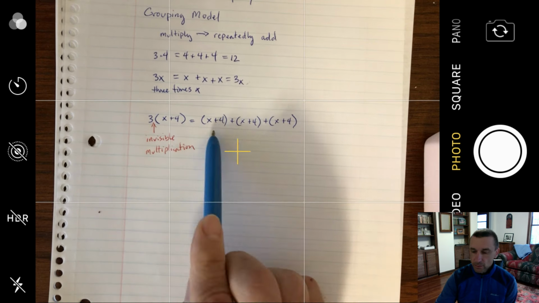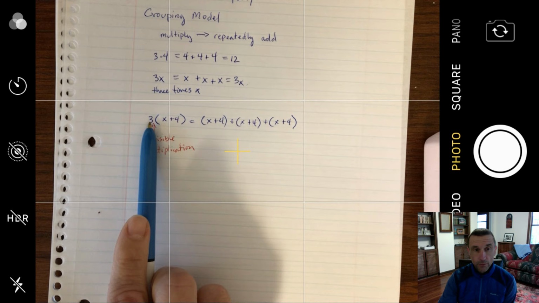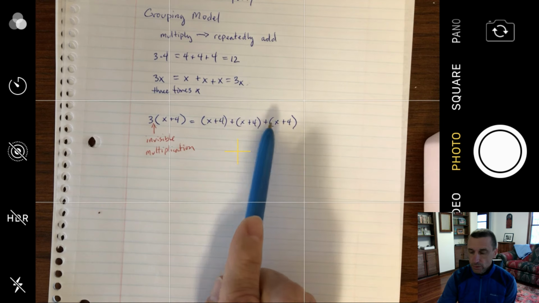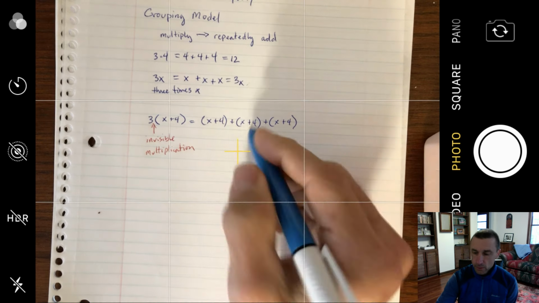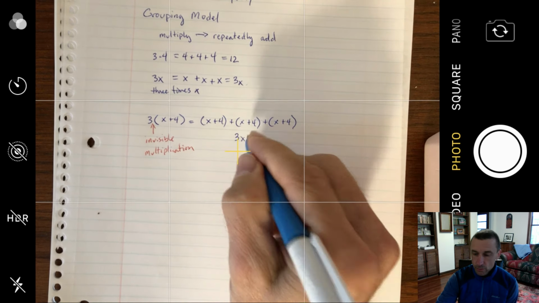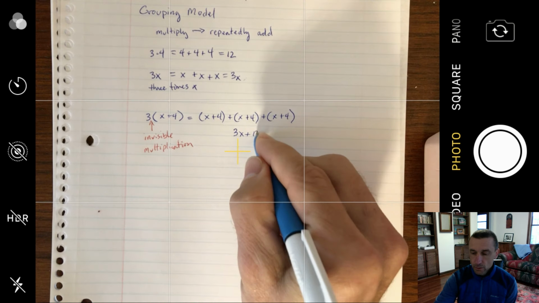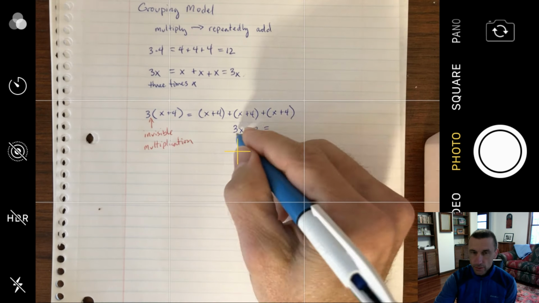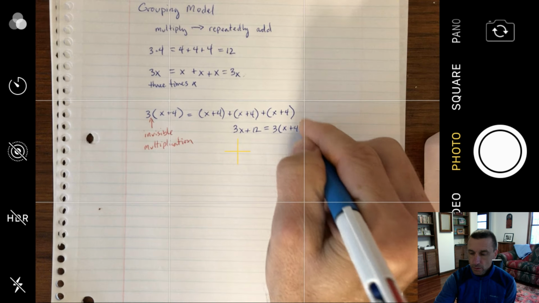If someone asked me to summarize everything that I have here, I could say, well, I have 3 groups of x plus 4, but I could also rearrange the items, put the like terms together, and I could perhaps condense this to the fact that I have 3 x's plus an extra 12. So this expression that I've just created is equivalent to the expression I started with.